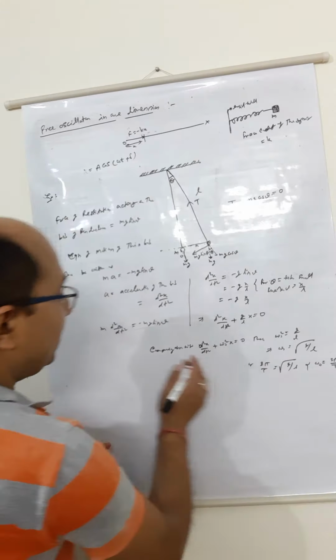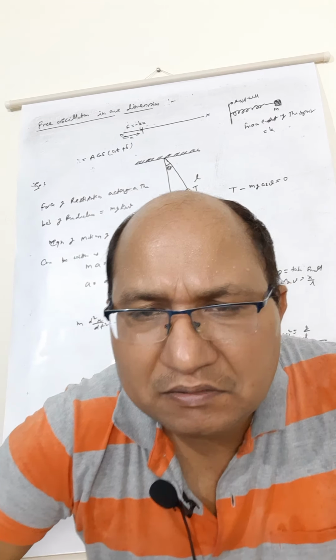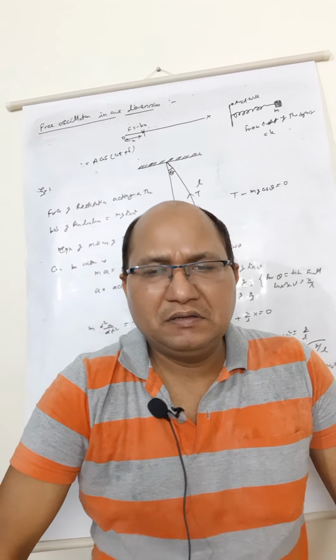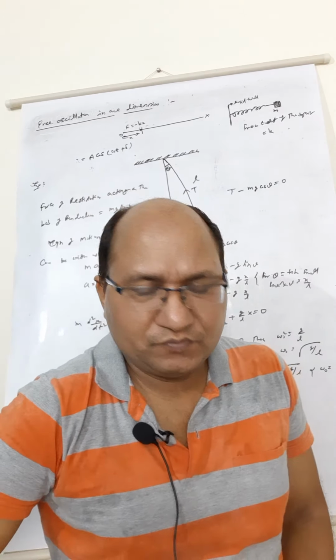So the period of oscillation of the bob equals T, and this is equal to 2 pi under root L upon g. This is, as you know, a very simple equation already done in previous classes. This is derived as such.